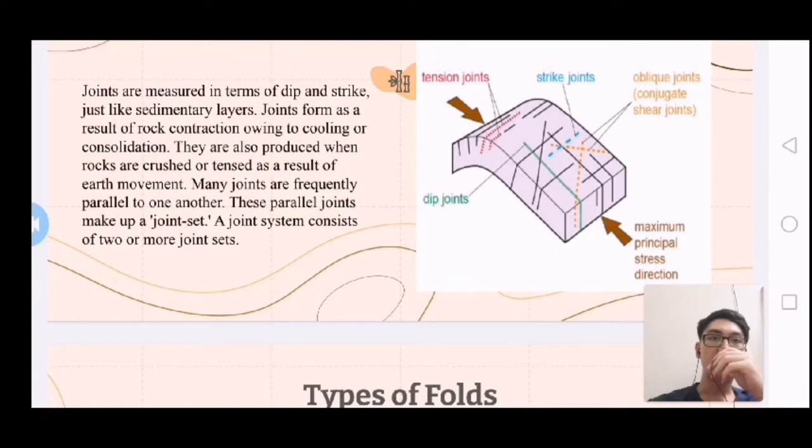Joints are measured in terms of dip and strike, just like the sedimentary layer, and they form as a result of rock contraction owing to cooling or consolidation, and many joints are frequently parallel to one another.